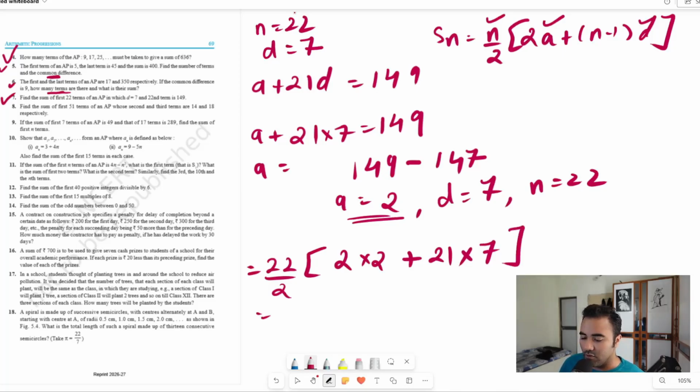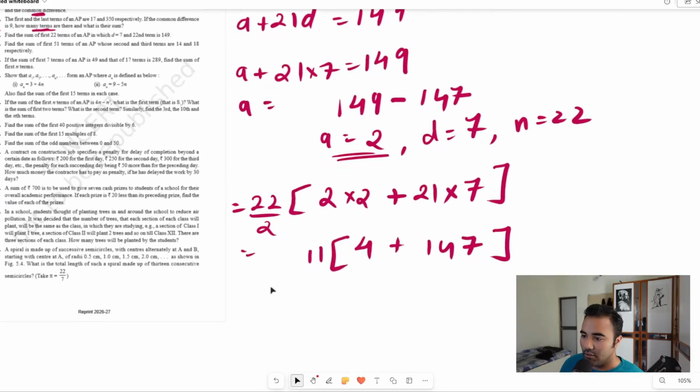So this gives you 11, 2 2s are 4, plus 147. 147 plus 4, how much do you get? This should be 11 multiplied by 151.